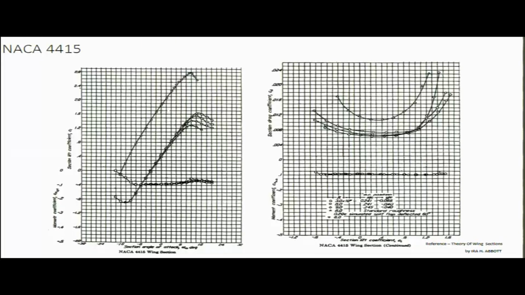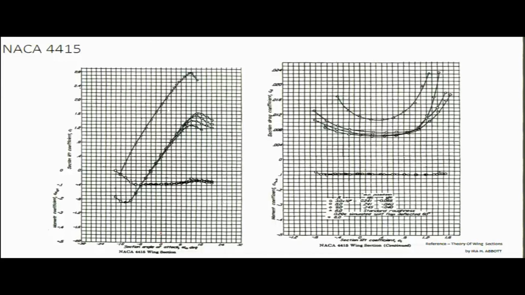So let us look at the next aerofoil, which is also a 4 digit NACA 4415 airfoil, right. So we know the maximum camber is 0.04 C, the location of maximum camber is about 40% of the chord, and the maximum thickness is 15% of the chord, right.